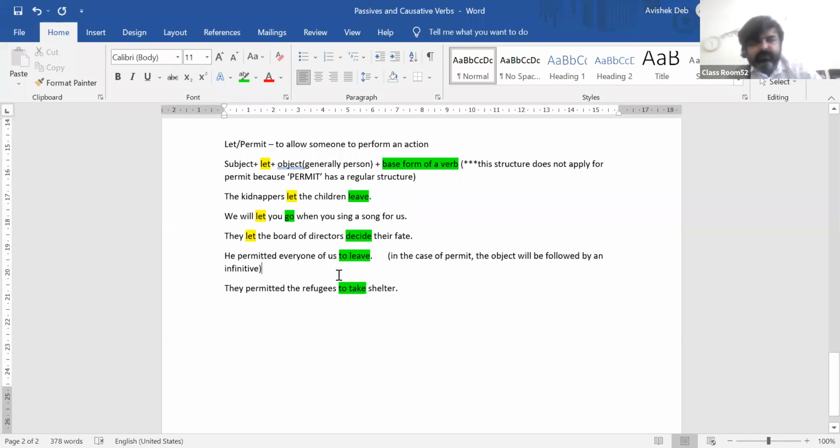So this is the case. The object will be followed by an infinitive.